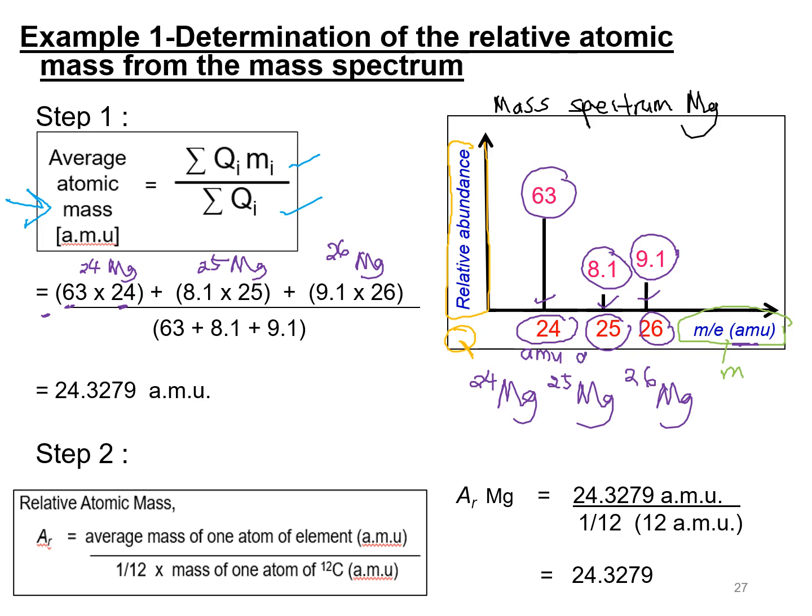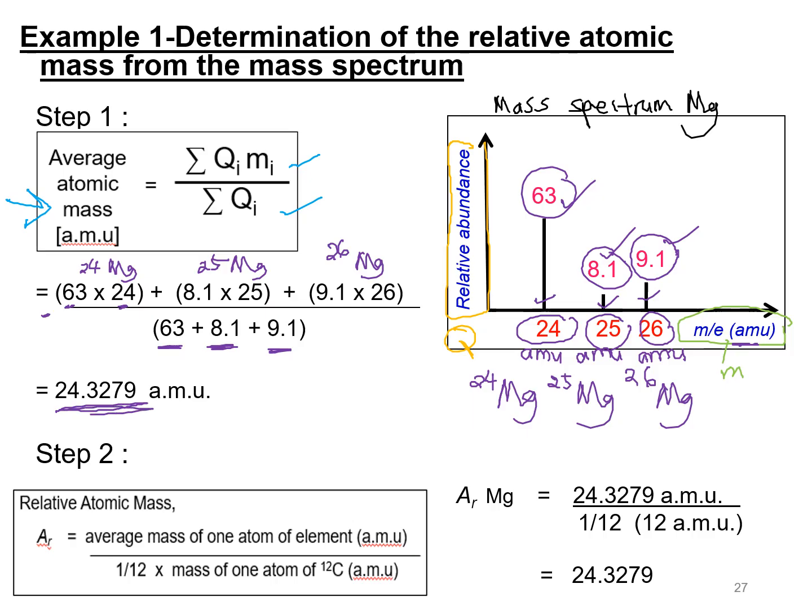Okay, ni semua unit dia AMU. That's why kita boleh ambil terus. Okay, and di bawah ni kita tengok ni semua relative abundance untuk yang kita ada kat sini, which is 63, 8.1 and 9.1. So now you will get the average atomic mass adalah 24.3279 AMU.